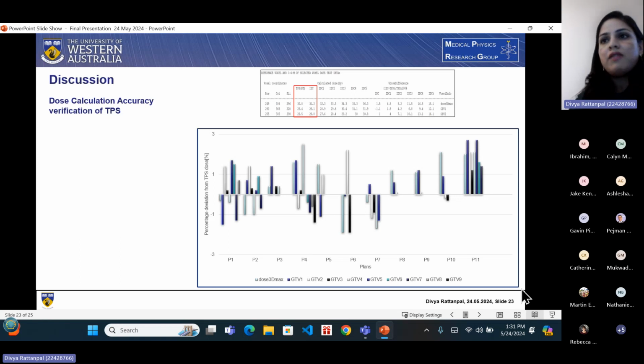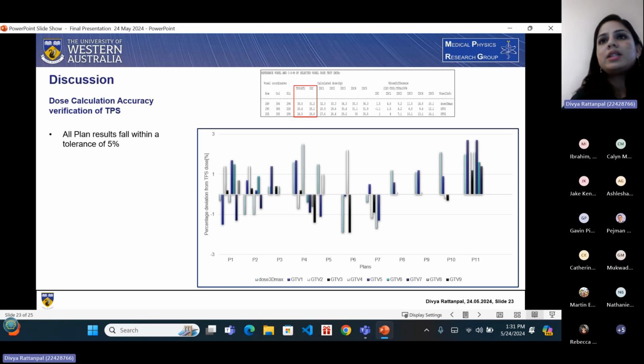So this is the graph of all the 11 patients, and from this graph it can be seen that all plan results fall within a tolerance of 5%. So this code can serve as an independent verification tool to check the accuracy of the treatment planning system.